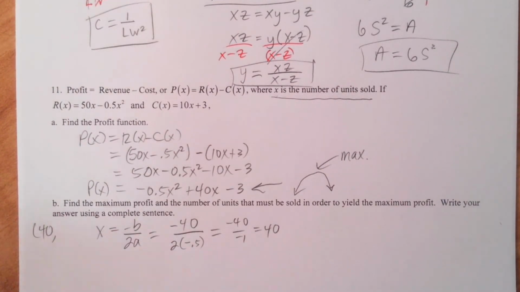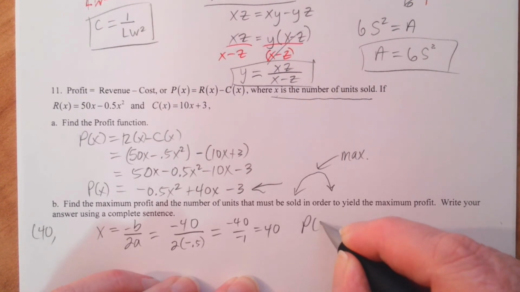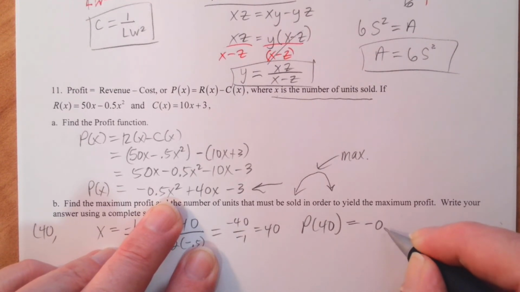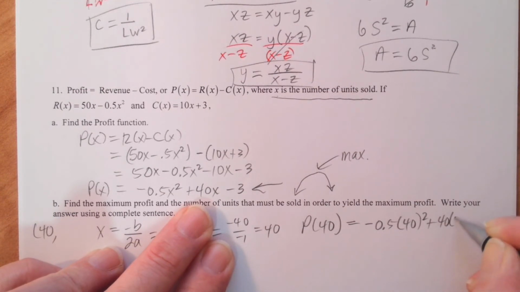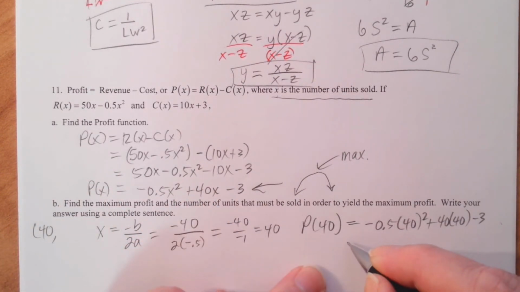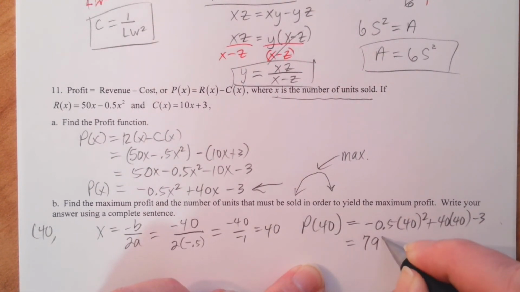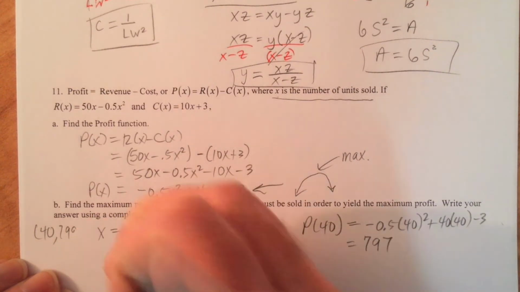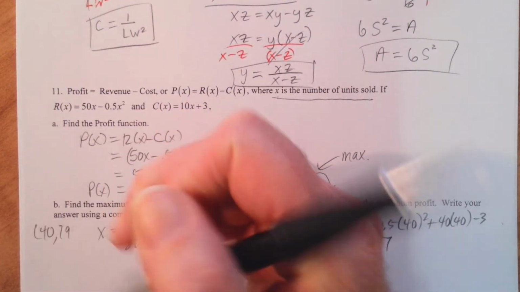So what's the maximum profit, or the profit when you sell 40 units? Well, we need to find P of 40. It'll be negative 0.5 times 40 squared plus 40 times 40 minus 3. When you plug that into your calculator, you should get 797. So remember, we're supposed to write, so let's see, 797, that's our y value of the vertex.